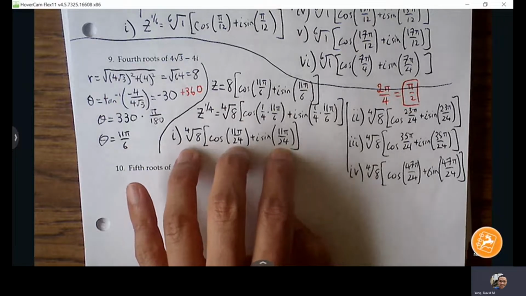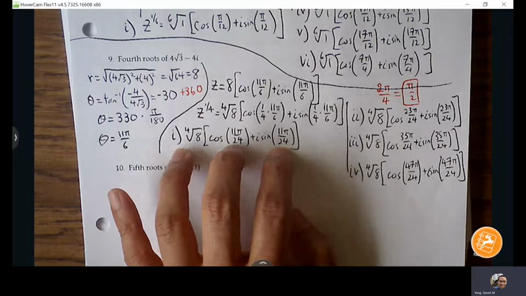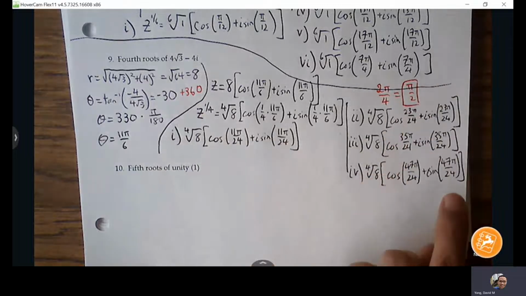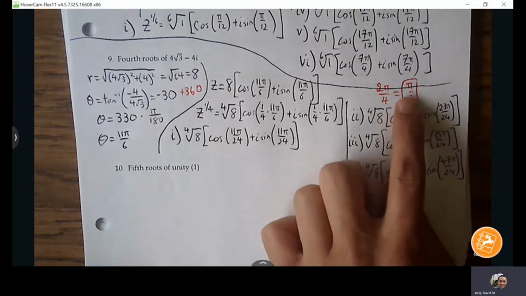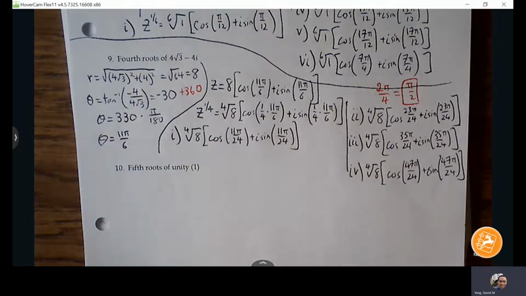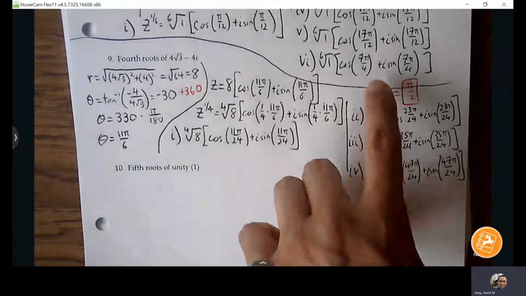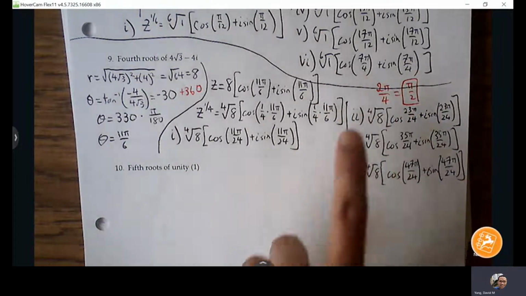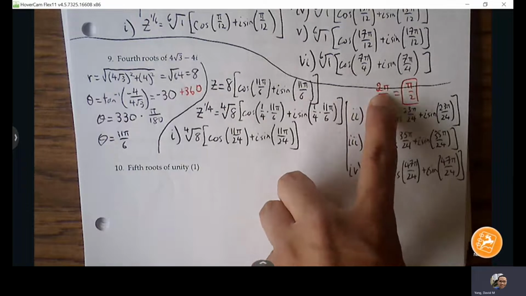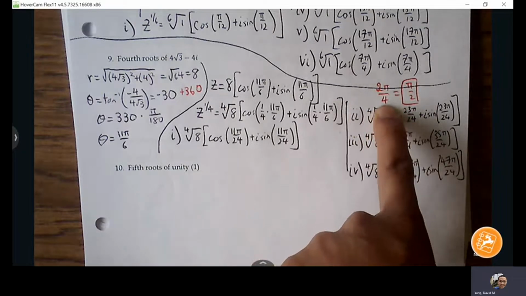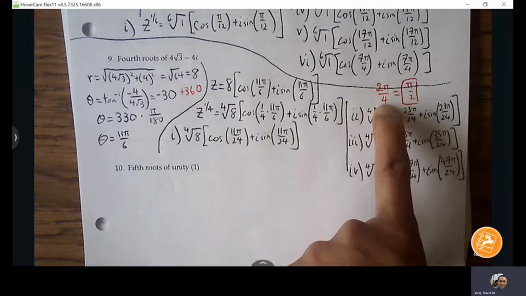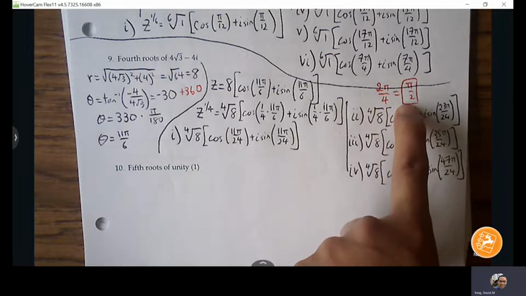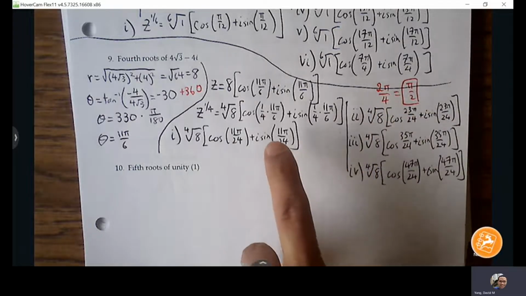That's your first solution. Once you get your first solution, you want to find your other 3 solutions, and they're all going to be evenly spaced apart from each other. The way you get those evenly spaced angle measures is you take 2 pi and divide it by however many solutions you're looking for. So I want each solution to be separated by pi over 2.